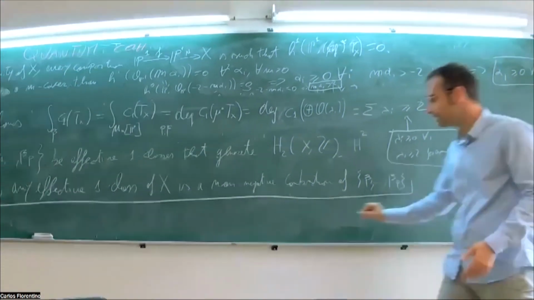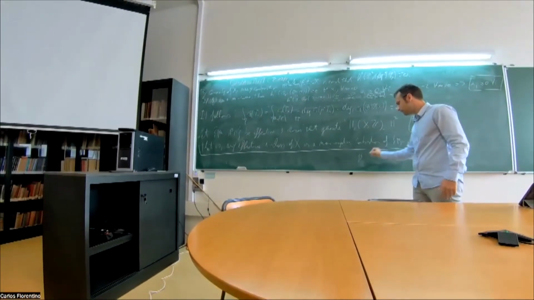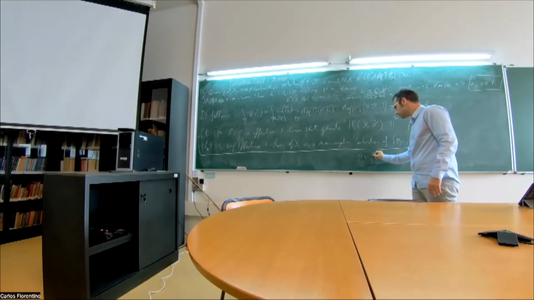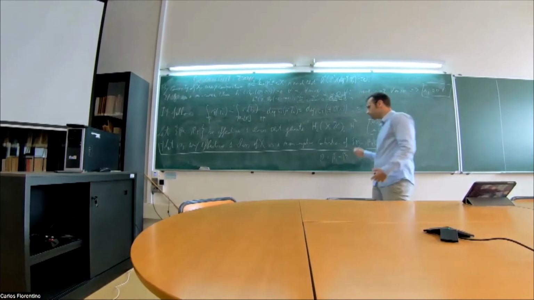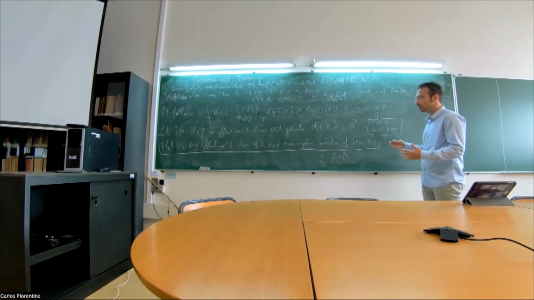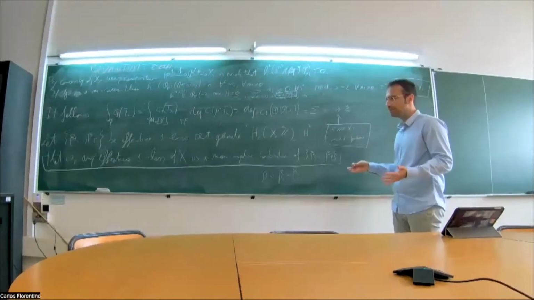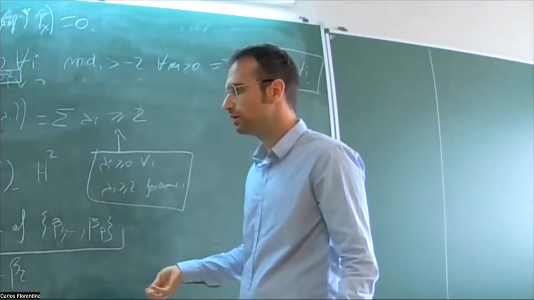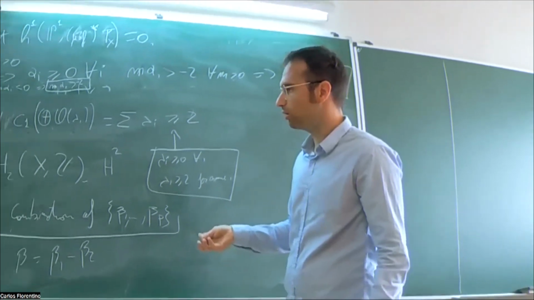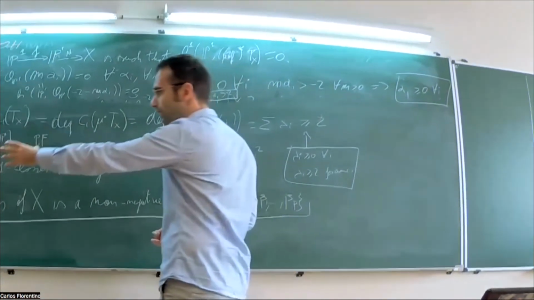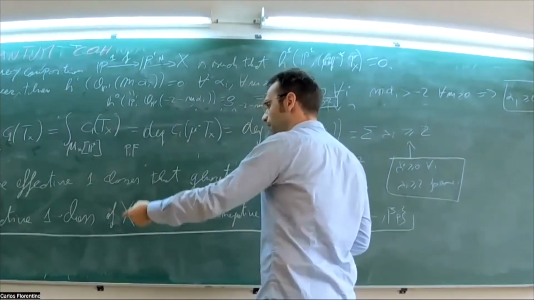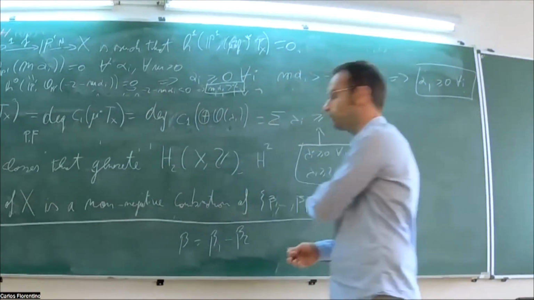I mean, I can have effective cycles that are, for example, beta 1 minus beta 2. This doesn't happen when X is homogeneous. So the generators are effective, and every effective one-cycle is a non-negative combination of this one.